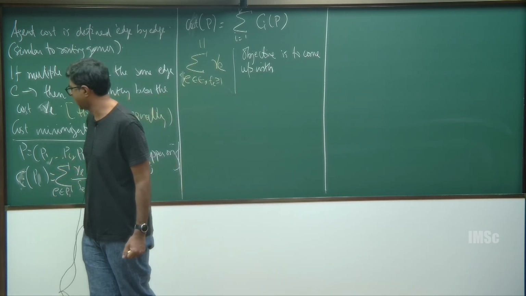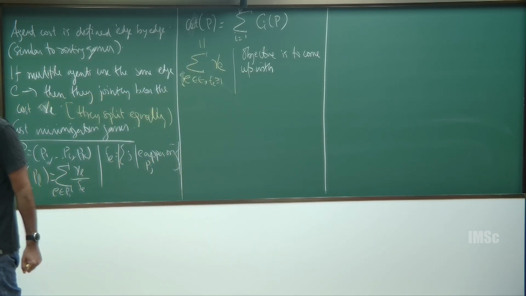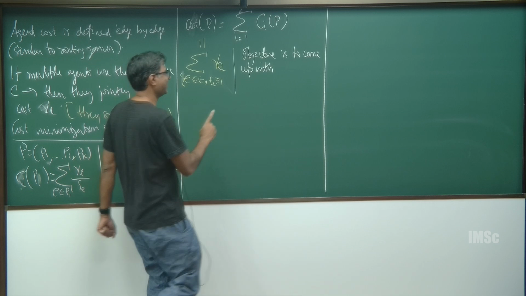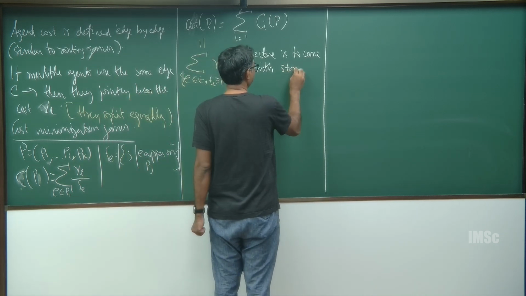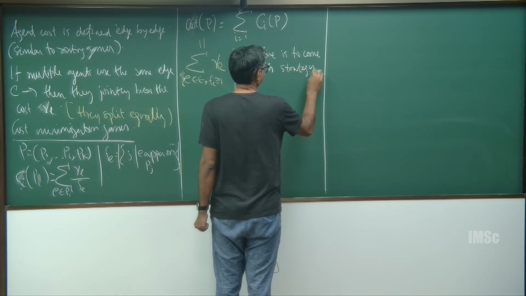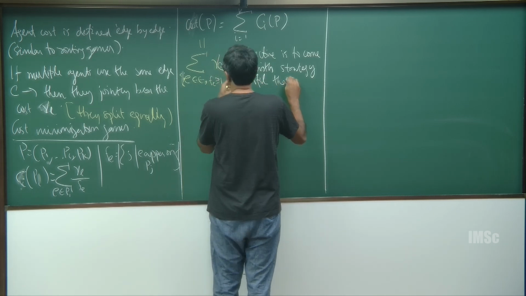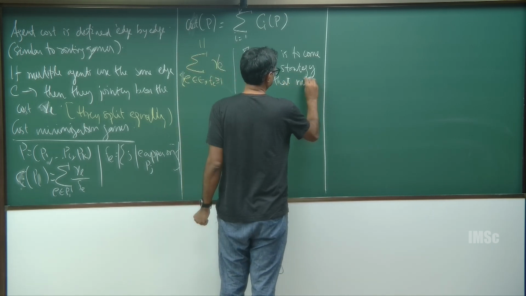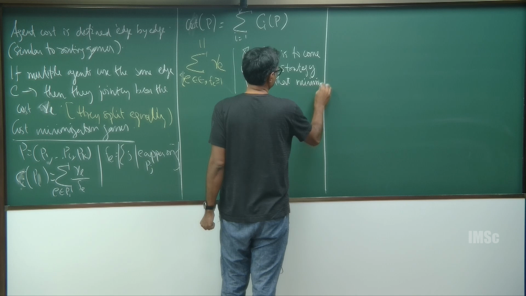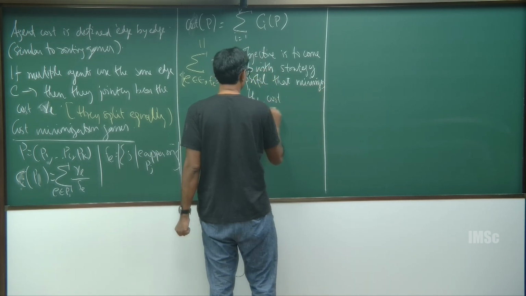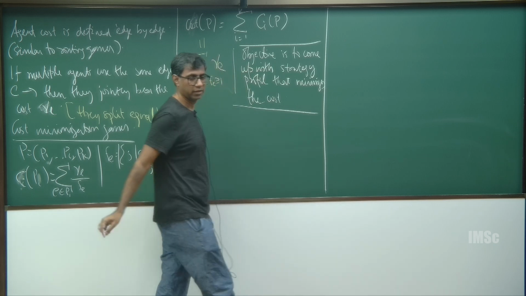This I know is called a strategy. It has a name, no? Right, strategy profile, correct. Objective is to come up with a strategy profile that minimizes the cost.